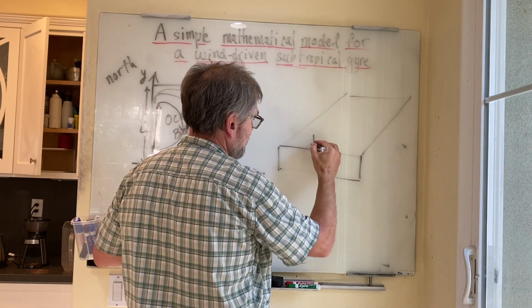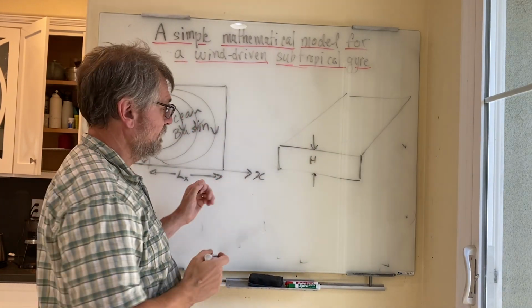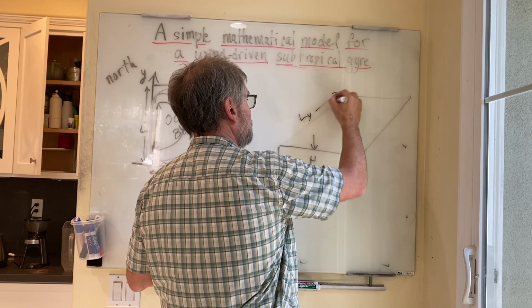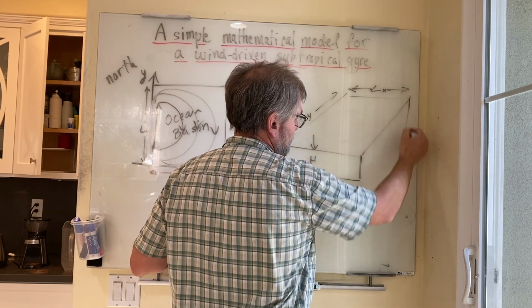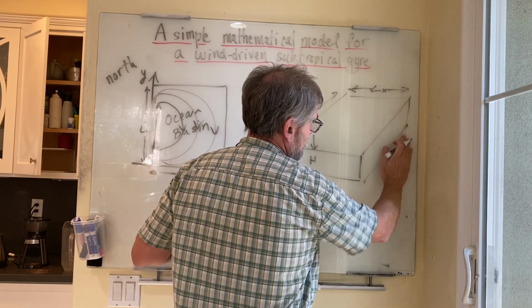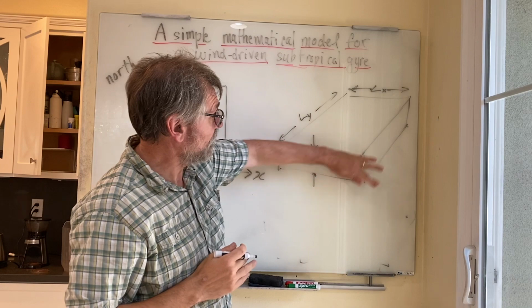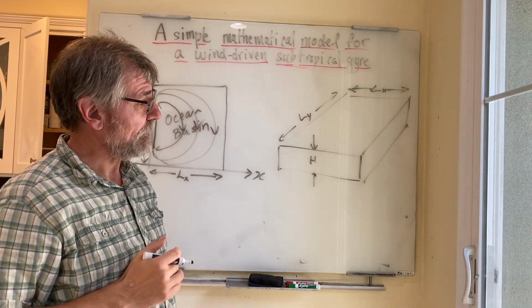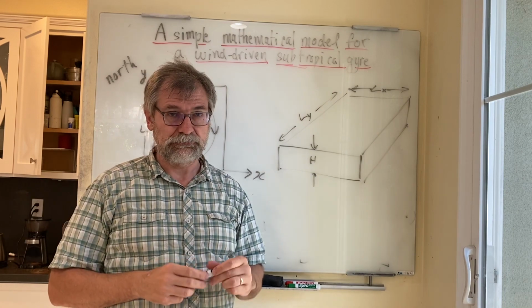So this thickness here, we'll pick that to be h, maybe 4,000 meters roughly, and this here would be Ly, and this direction here is Lx. So it's flat bottom and flat at the top. And we're going to assume that there's a rigid lid on the top so that there are no variations in the height of the water as a function of space.